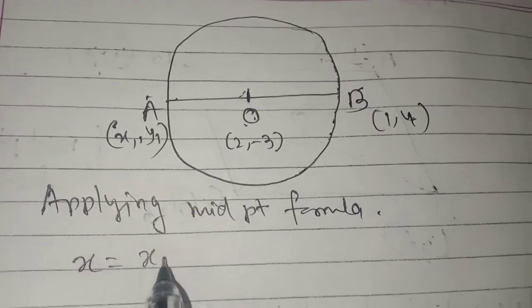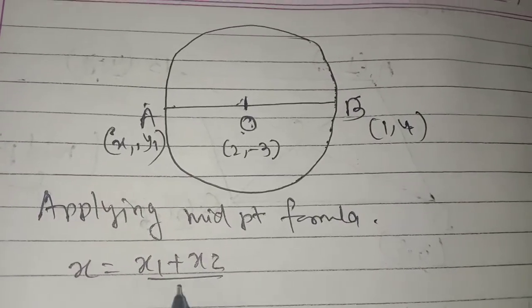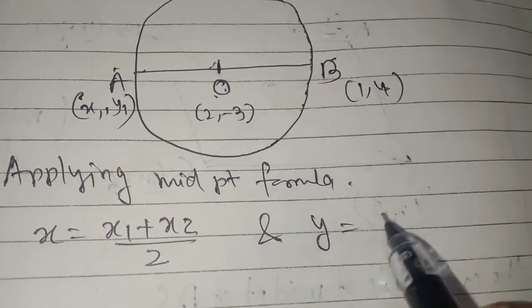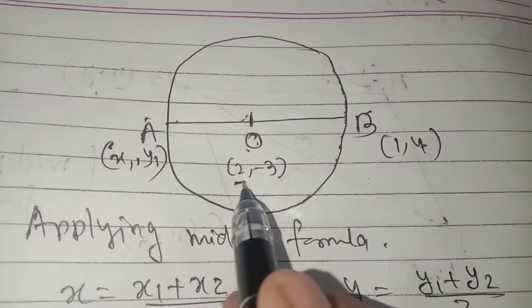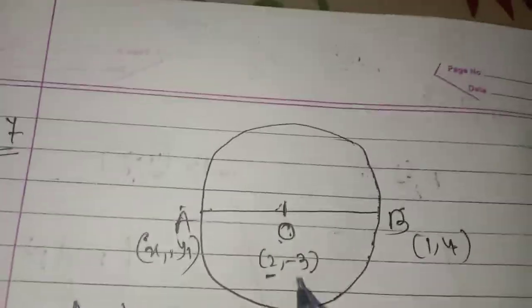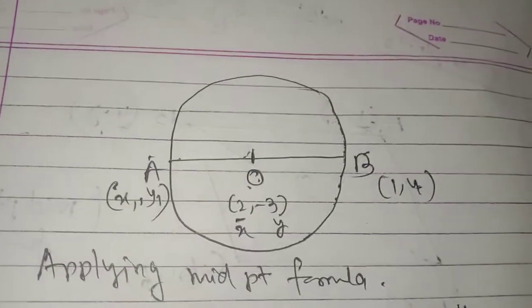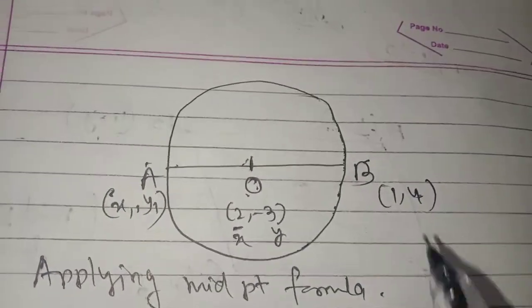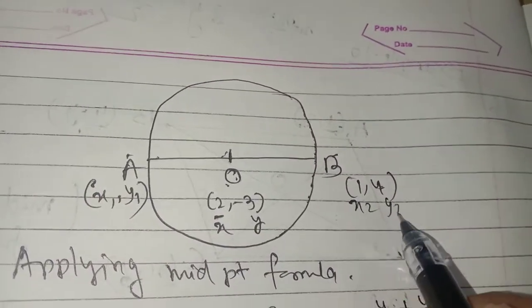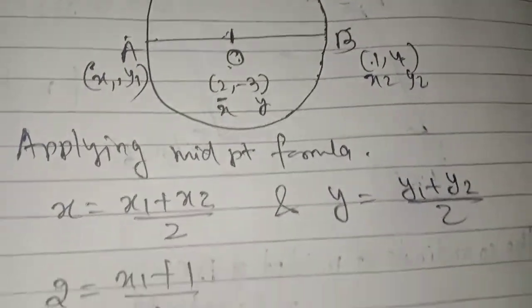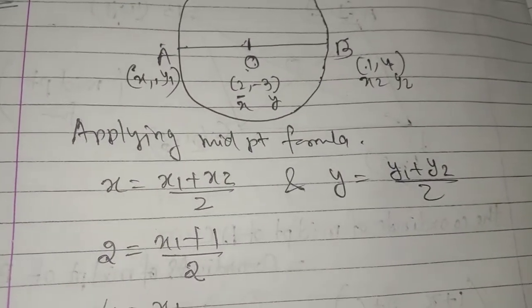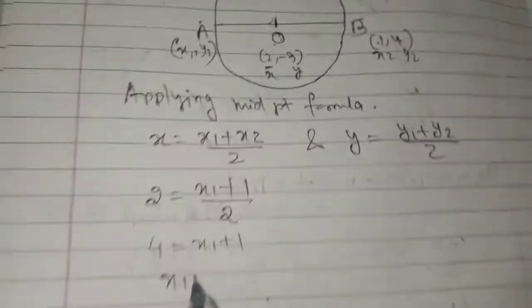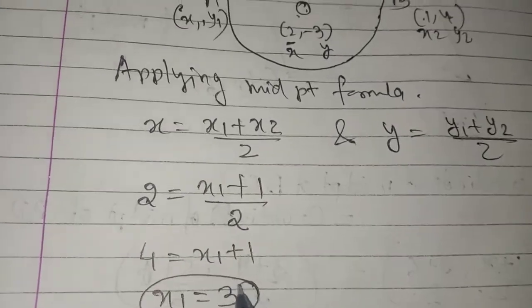X is equal to (x1 plus x2) upon 2 and y is equal to (y1 plus y2) upon 2. So the value of x is 2 here. Now x1 is unknown and x2 is 1, upon 2. Now 2 twos are 4, x1 plus 1. So x1 is equal to 3. It is our first answer.